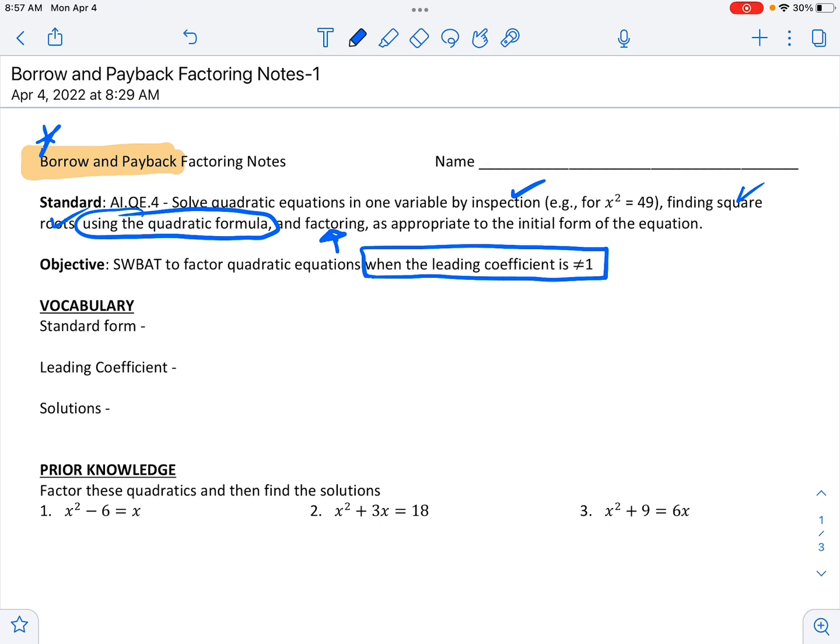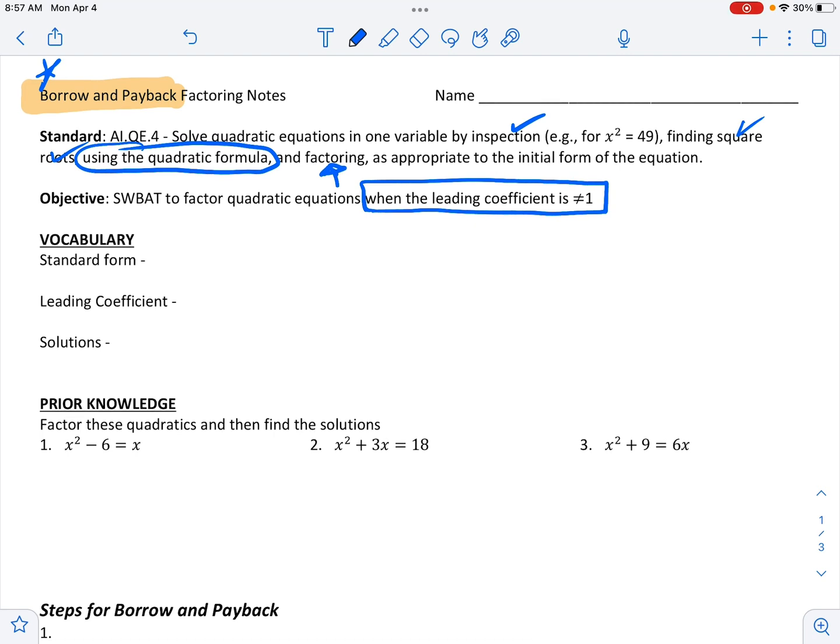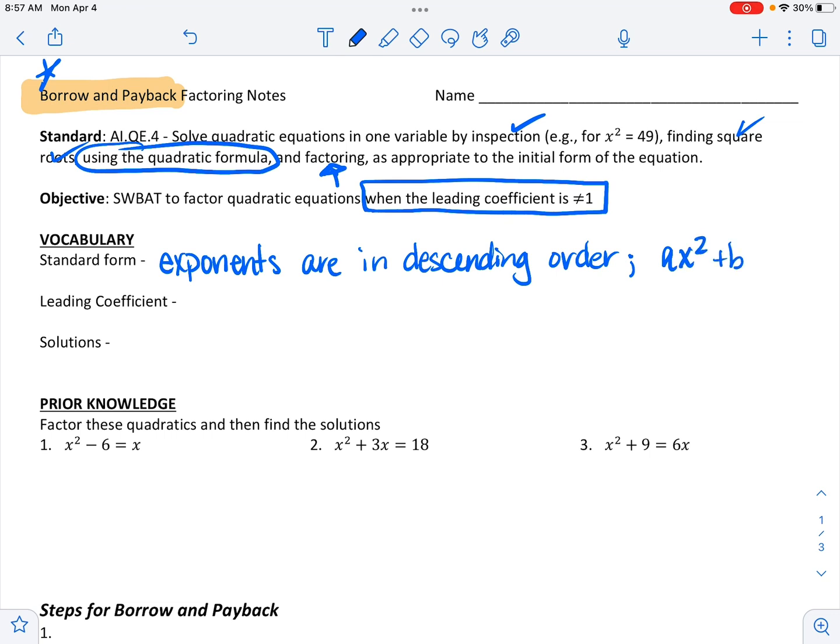Let's review some of our vocabulary that's needed for this. So the first thing is standard form. And remember, standard form means that the exponents are in descending order, which means you do the opposite operations in order to move it to the point where it's ax squared plus bx plus c is equal to 0.